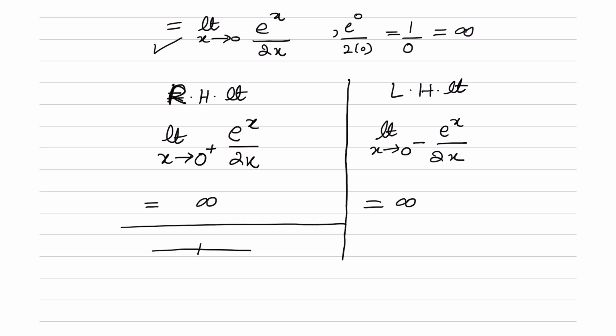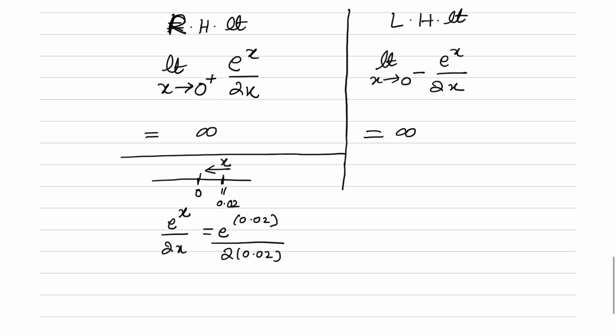So x approaching to 0 from the right of 0. X is somewhere here. Pick some x from here. Let's say it is 0.02. So the function on which we have to decide the sign is e power x over 2x. E power x is taken as e power 0.02 divided by 2 into 0.02.